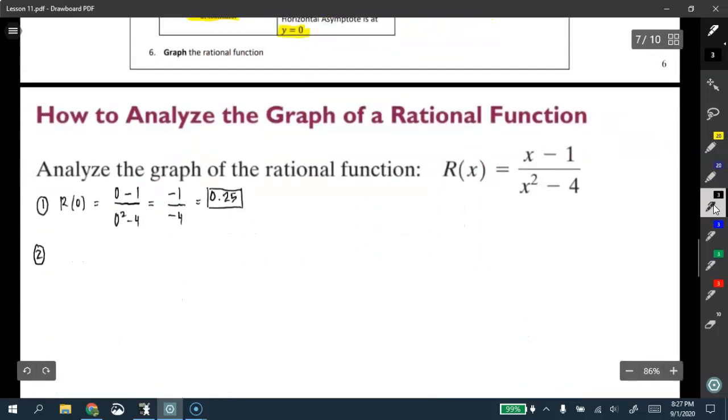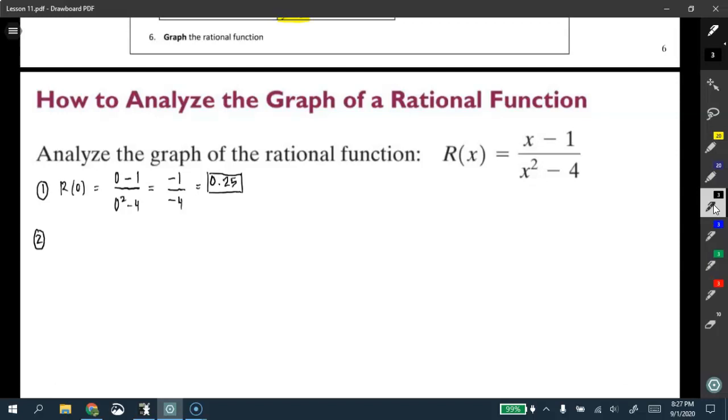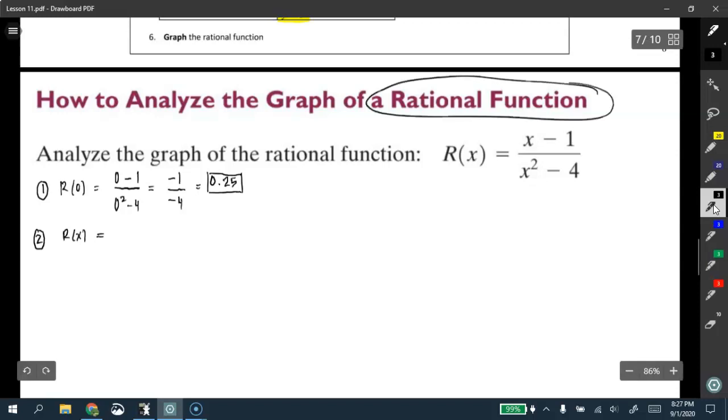So when you are telling the domain of this function, basically what you do is you ask yourself, what is the factorization of this function? And ironically, the last time we learned rational functions, we learned how to factorize them too. That was one of the main things that we learned about them. So here's what it's going to become. x minus 1 stays x minus 1.